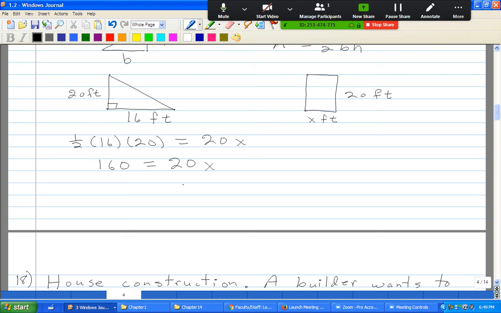Divide both sides of the equation by 20, and so x is 8.